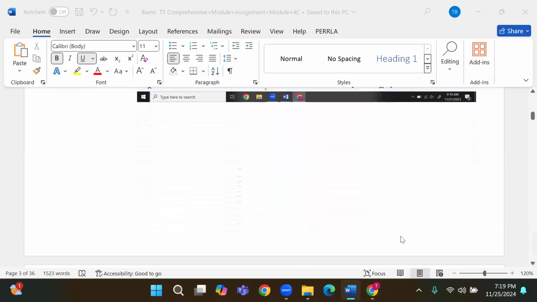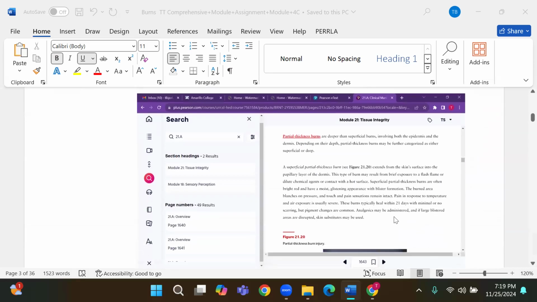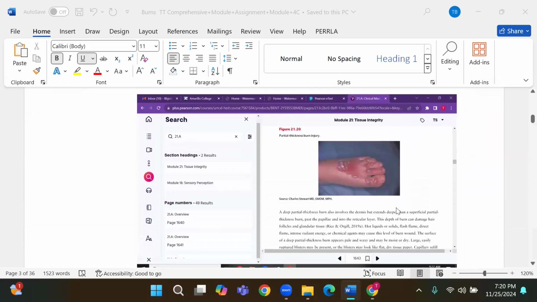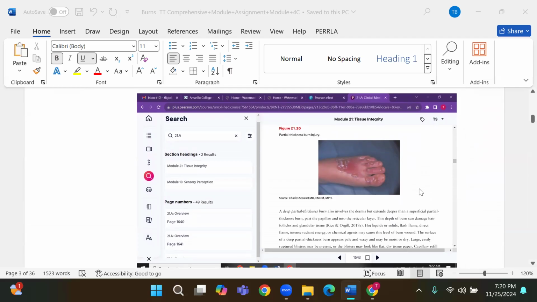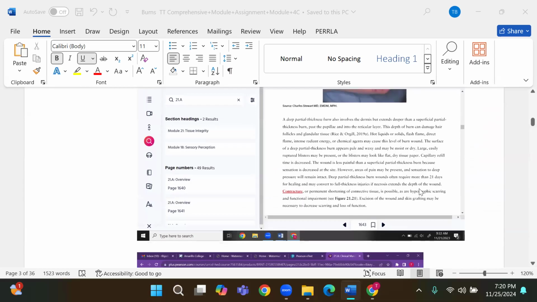Scarring is possible. I don't think they'll ask about that. And then, of course, we read about this, and it says there's probably blister formation. Pay attention to redness, blister. And if you look here, a partial thickness burn, look at the blisters on the feet. That's why I pulled this up and just took a screenshot of it.